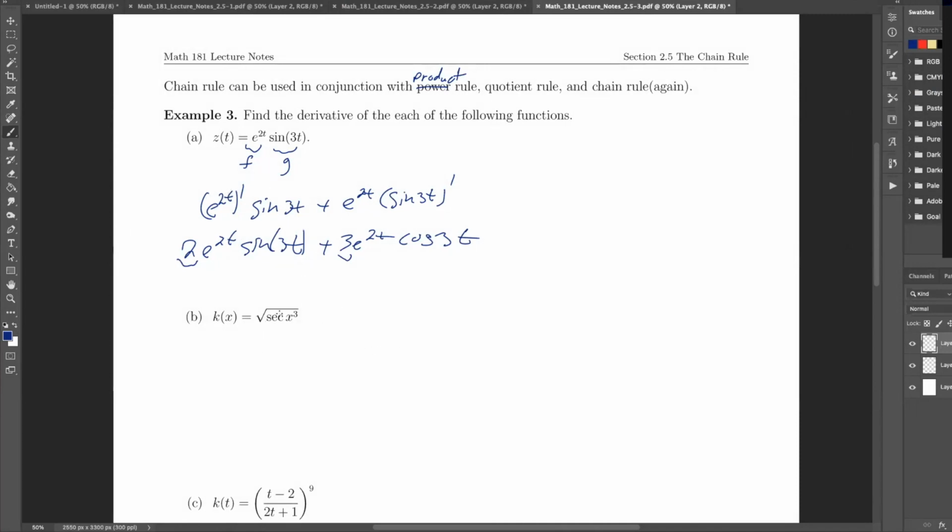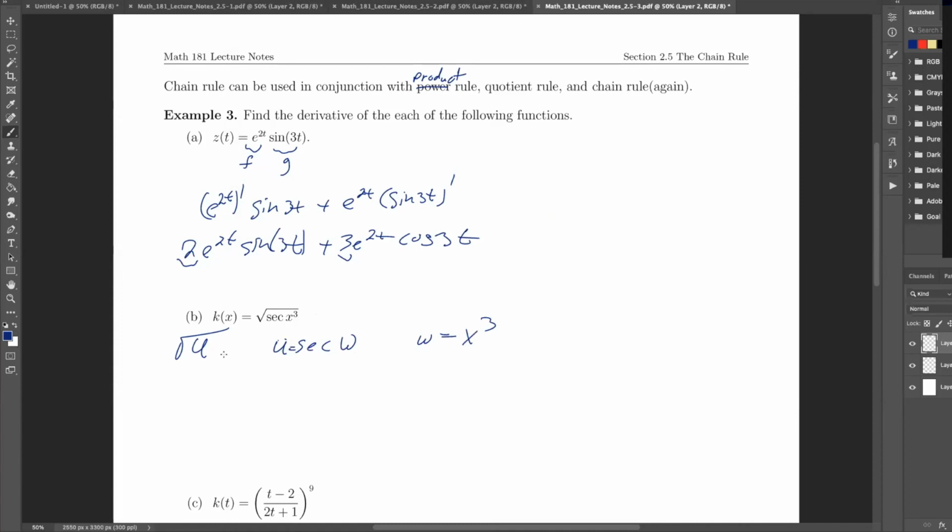So let's do this one. Here I'm going to have this equal to the square root of u. And then u is equal to secant of, I better use, let's just say w. And w is equal to x cubed.